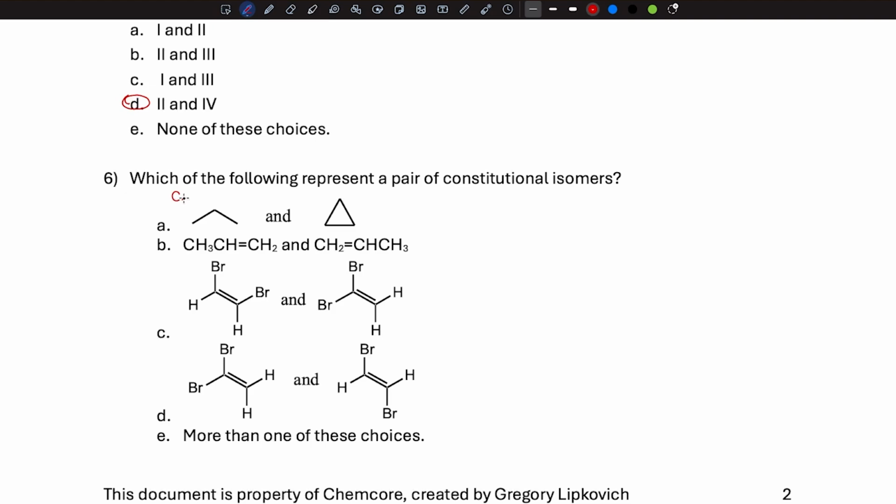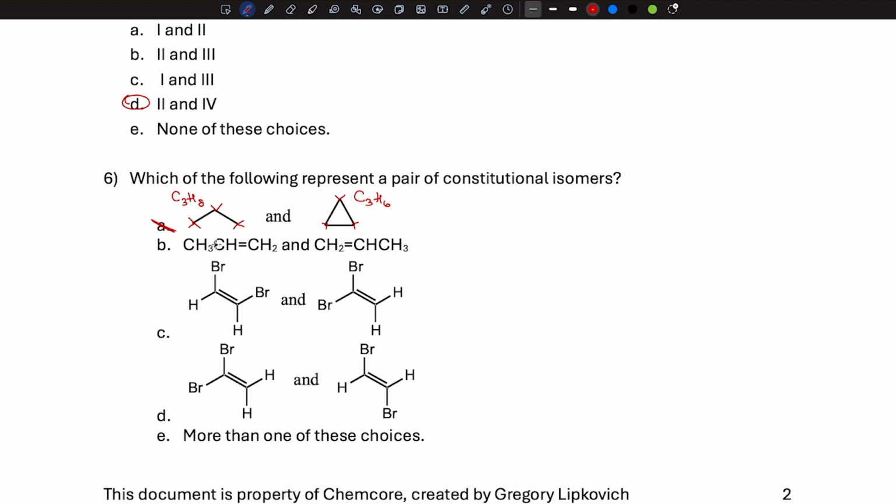Well, the first one is C3, so it has 3 carbons and 8 hydrogens. And the second structure, C3, has 6 hydrogens. Clearly not the same molecular formula, and so we know that these are not constitutional isomers.